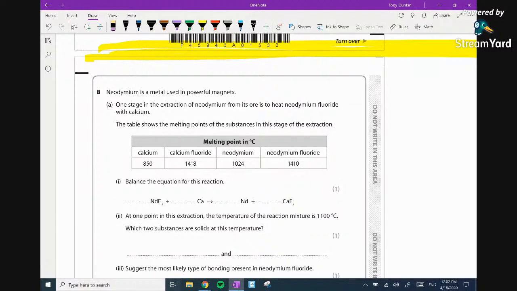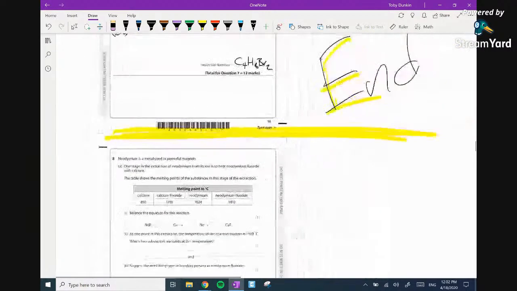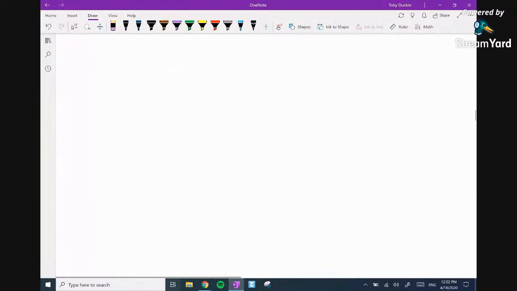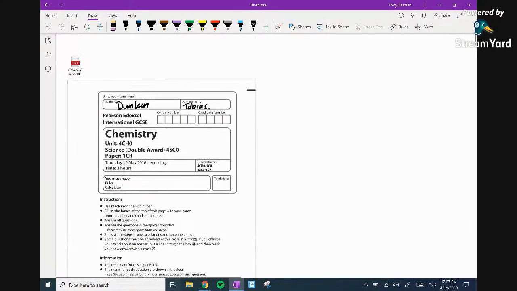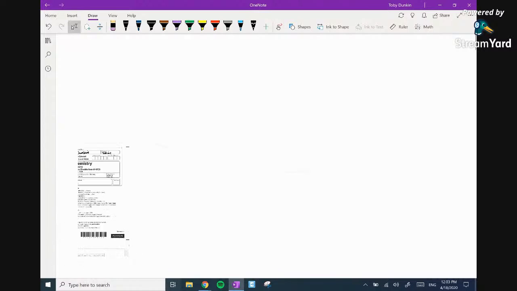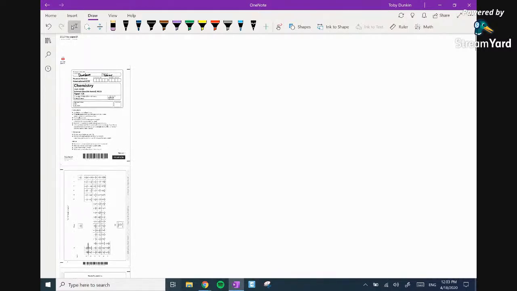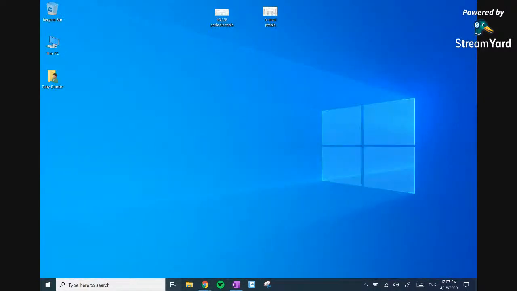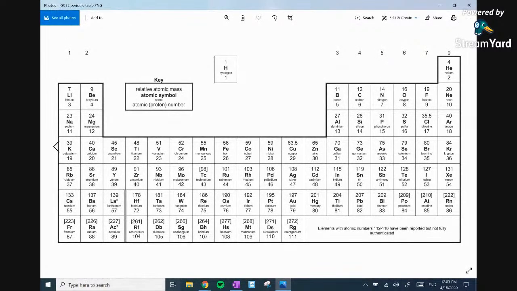But the reason why this question is so special is because a lot of my students came out of the exam feeling very upset about it. The reason why they were upset is because this is the GCSE periodic table you're given in the exam. This one's directly from your scheme of work.